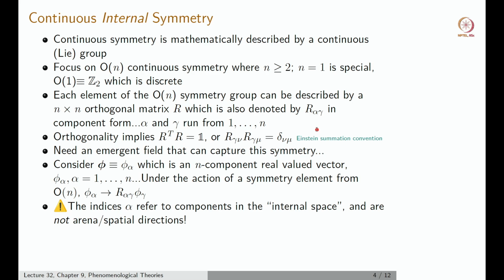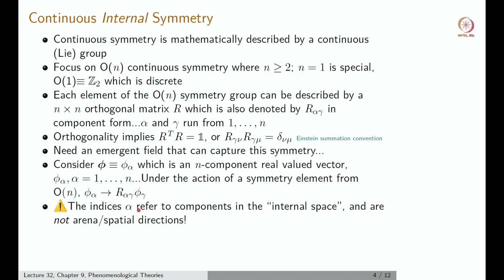I want to place a note of caution here. Typically when we start off, we may think that these alpha are some space indices. For example, you may think that alpha equal to 1 is the x direction, y direction and z direction, and so on. You must appreciate that this is not the case here. Alpha are directions in the internal space.